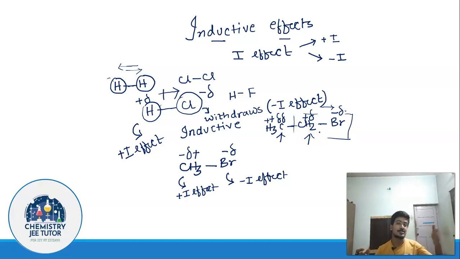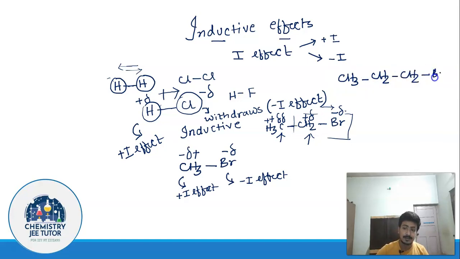The carbon which is farther away is going to have a lesser amount of positive charge. If you consider one more carbon, the more distant this is from this, the lesser will be the charge induced on this carbon.